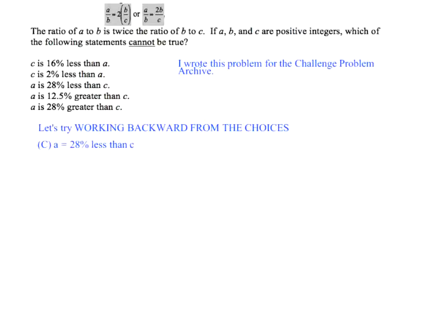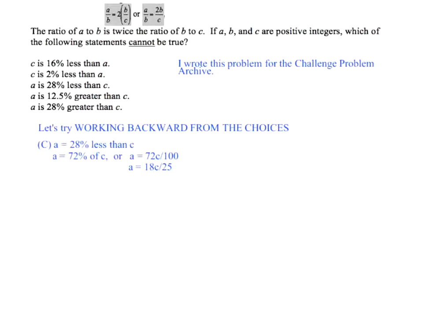How do you write that with fractions? Or what percent of C is A? If it's 28% less than all of it, then it's 72% of C. So A is 72C over 100, which you can reduce by taking a 4 out. So that's 18C over 25.